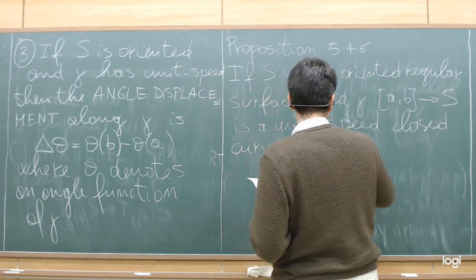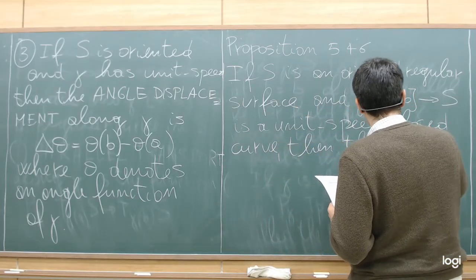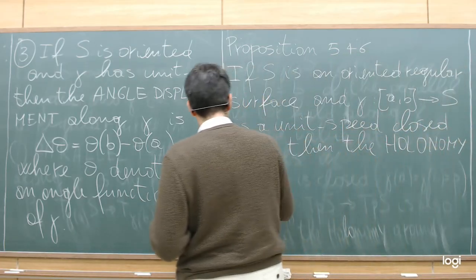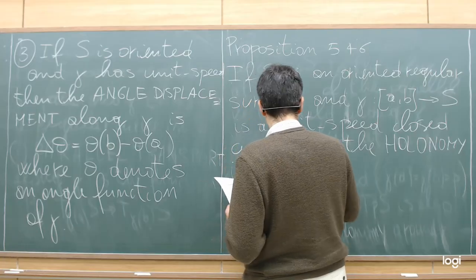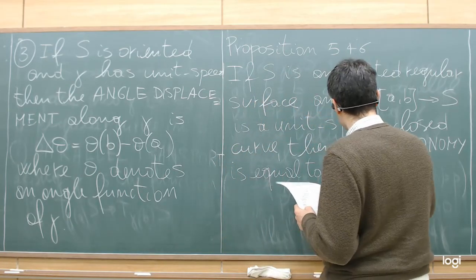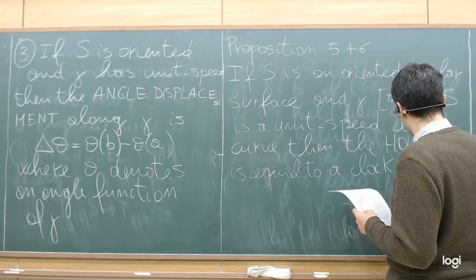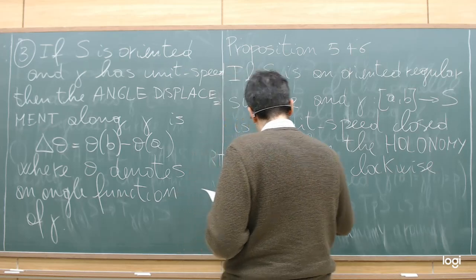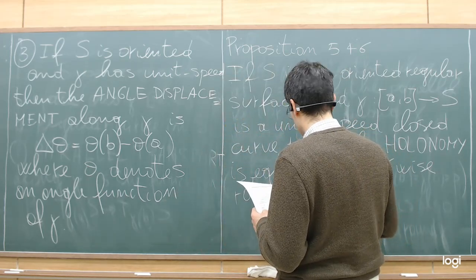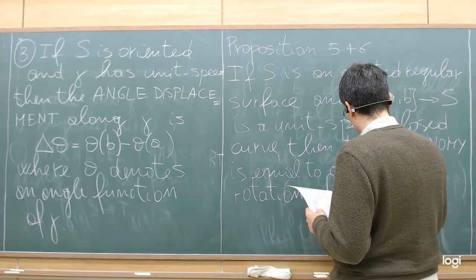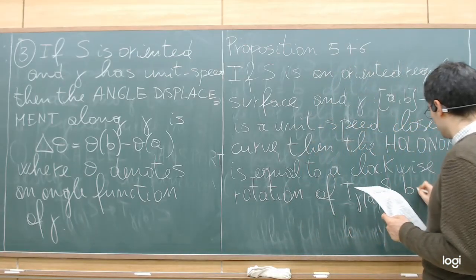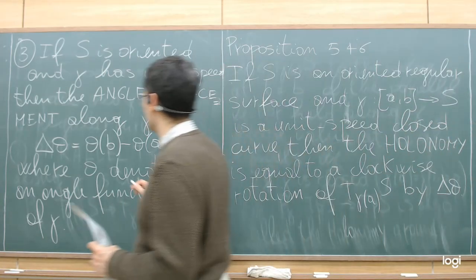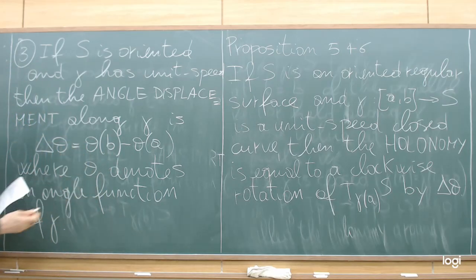then the holonomy is equal to a clockwise rotation of T gamma A S by delta theta, where delta theta is the angle displacement presented here.